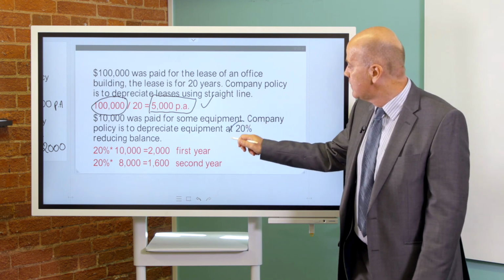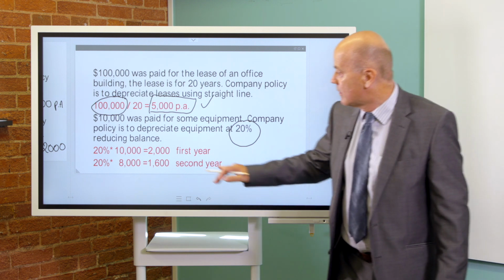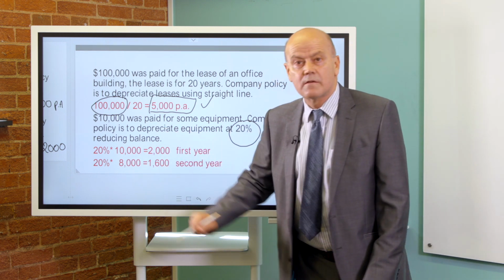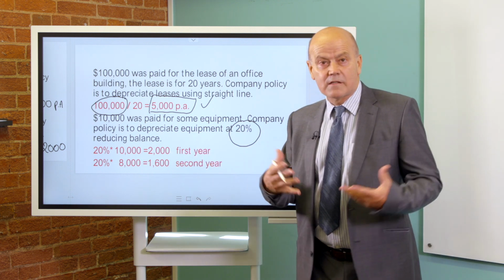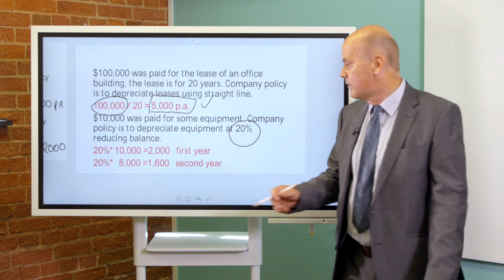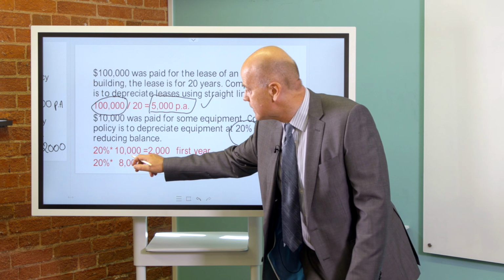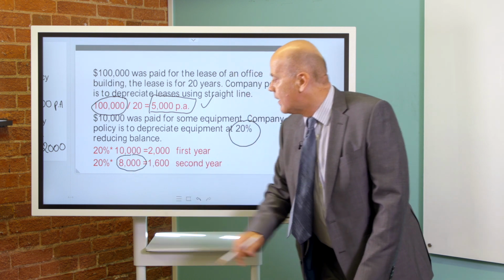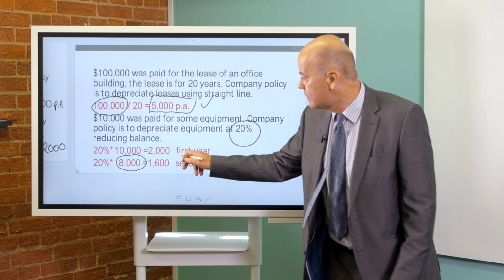And we're saying we use that at 20%. So 20% of the cost, which is 10,000, that's $2,000. And then the next year, we would do 20% of the balance that's left over. So the balance now is 10,000 less 2,000, so that's 8,000. And therefore, in the second year, we've got a depreciation of 1,600.